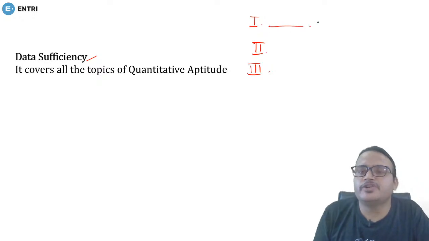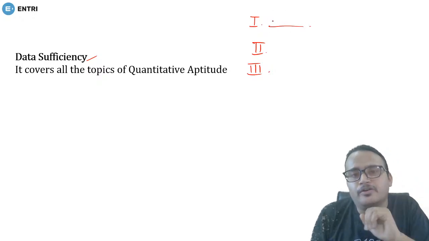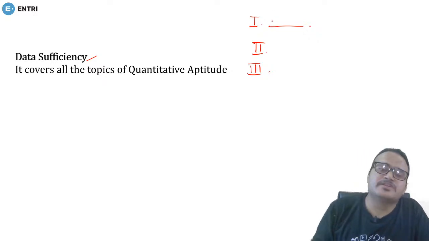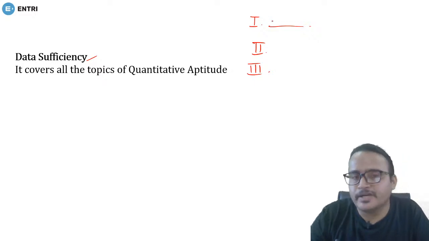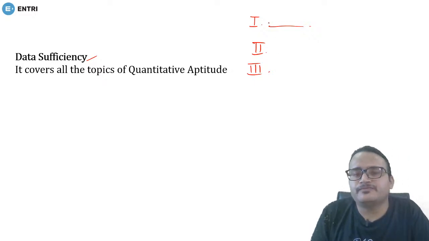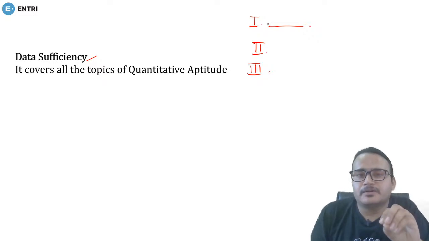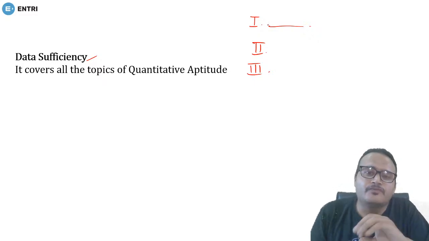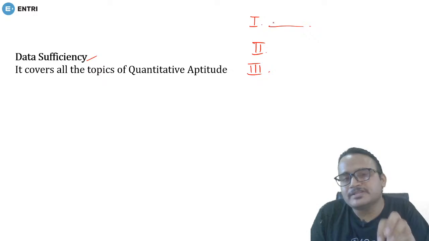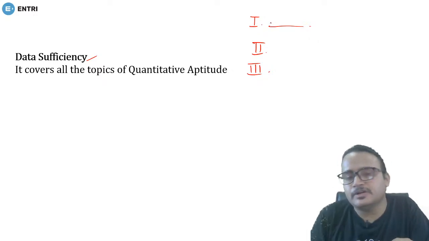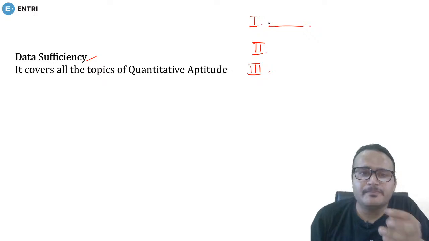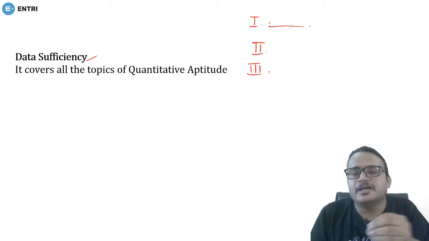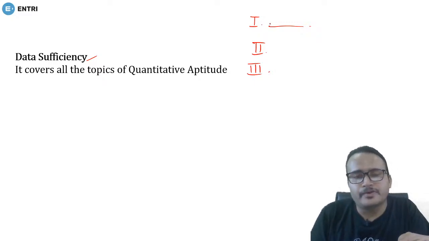In these statements, you need to find, for example, here some profit and loss equation is there. I don't have any question of data sufficiency right now, but I can show you. In the first statement, there are 2 articles of the same selling price, and on the first article you are having 20% loss, on the second article you are having 20% profit in some transaction, and if the CP of that article is this, then what will be the overall loss or profit, something like that.